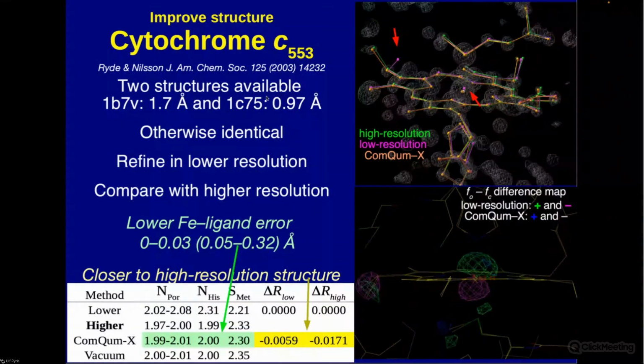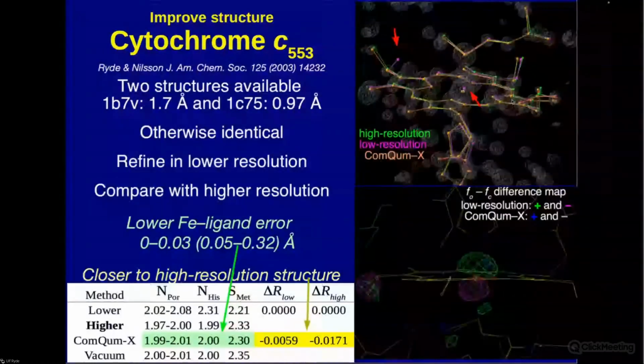And we found this cytochrome c553 protein, which contains a metal site, which is of interest to us. It contains a heme group with an iron in the middle, and then one histidine and one methionine as the axial ligands. And then, as I said, we refined this structure using only the low resolution data and showed that we can bring it closer to the high resolution structure.